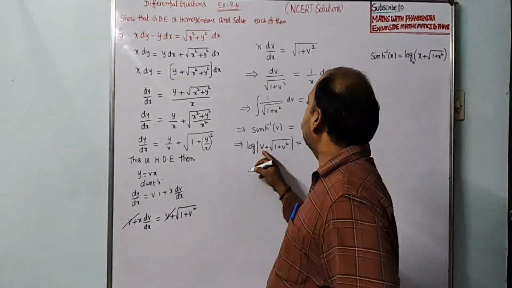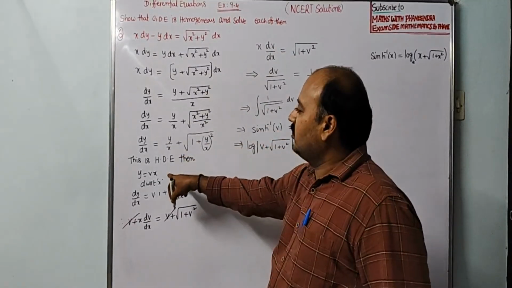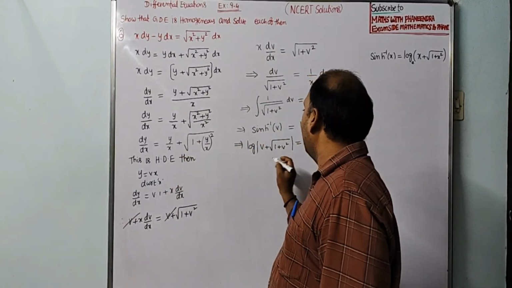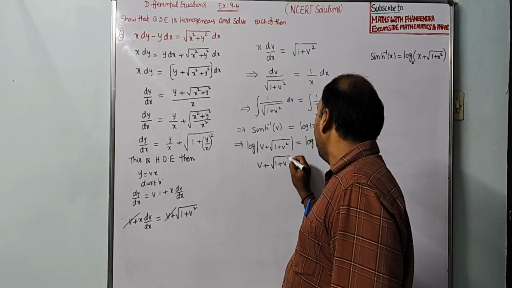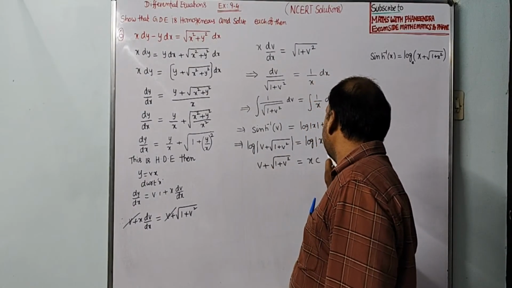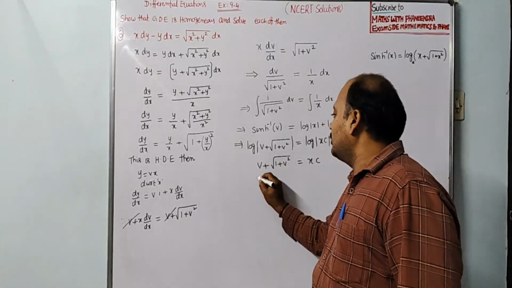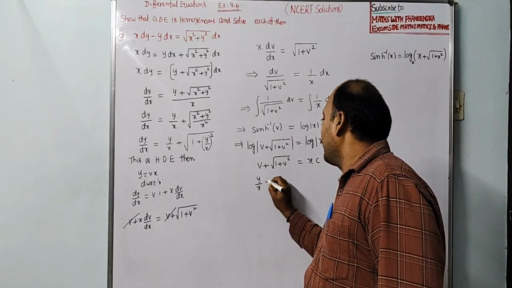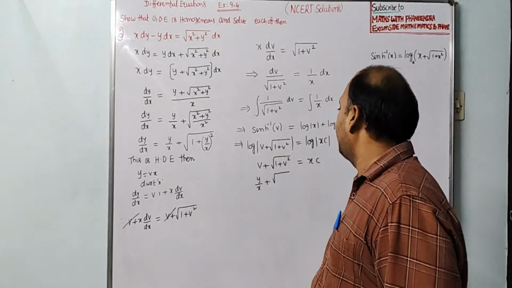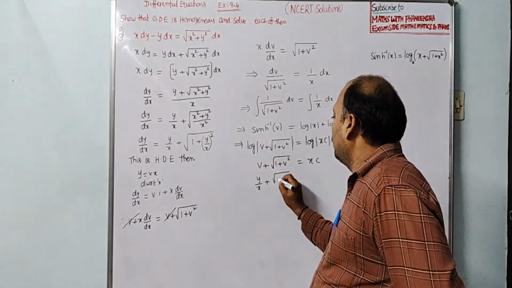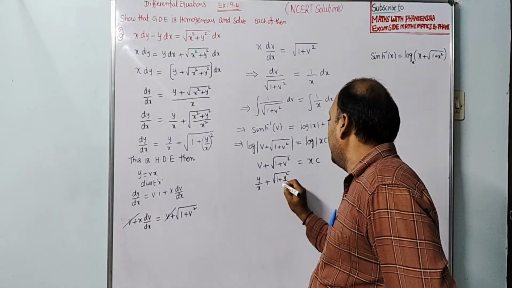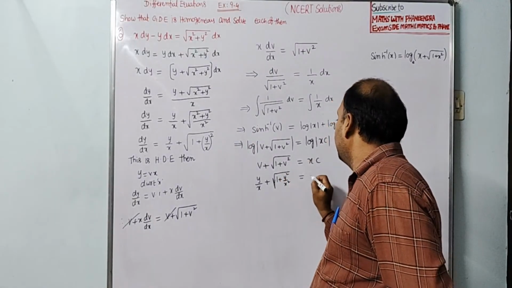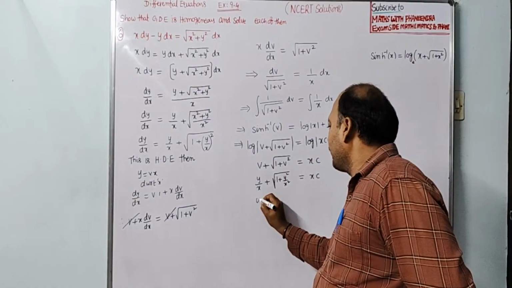Wherever v is there, what do we have to replace it with? y by x. So comparing both the log functions, v plus root of 1 plus v square is equal to xc. With v equal to y by x, we get y by x plus root of 1 plus y square by x square is equal to xc.